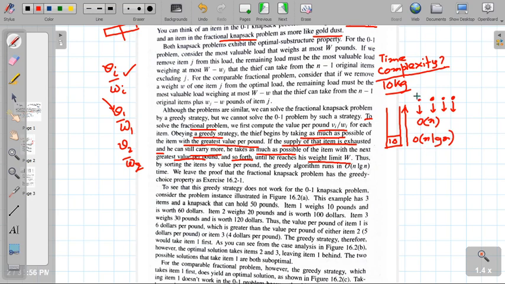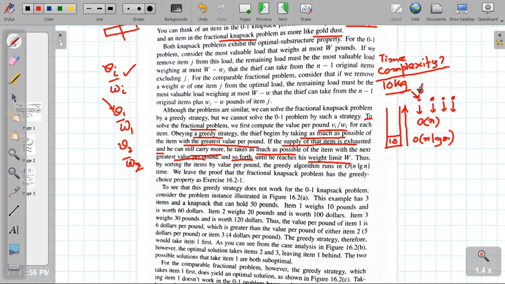Then each item I will be taking with the maximum capacity possible for the greatest value per pound. We have to take its fullest limit: if it is 10 kg, I take 10 kg; if it is 20 kgs, I take 20 kgs, not going beyond the capacity of this bag.